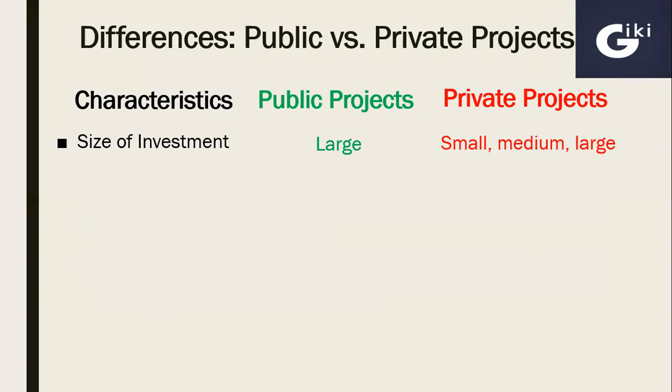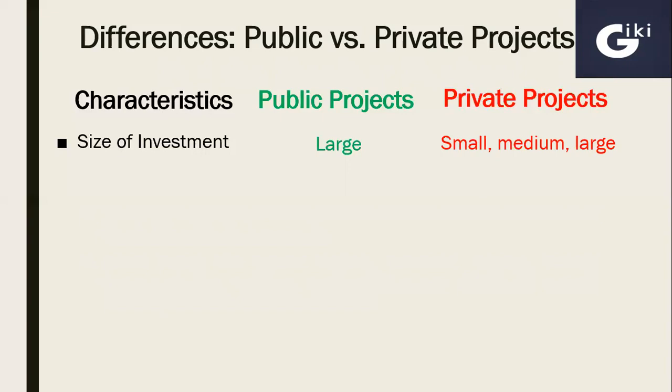So often alternatives developed to serve public needs require large initial investment, possibly distributed over several years. For example, highways, public transportation systems, universities, airports, hospitals, all these projects require large investment.